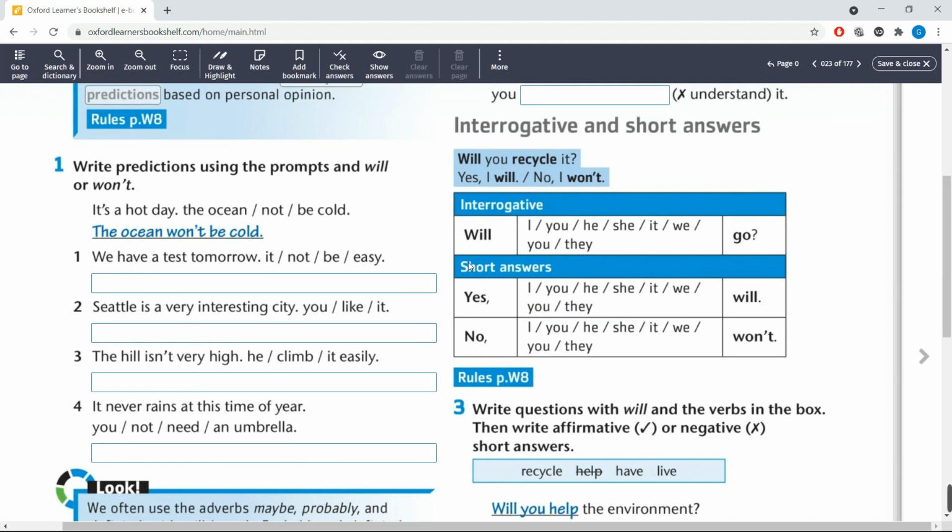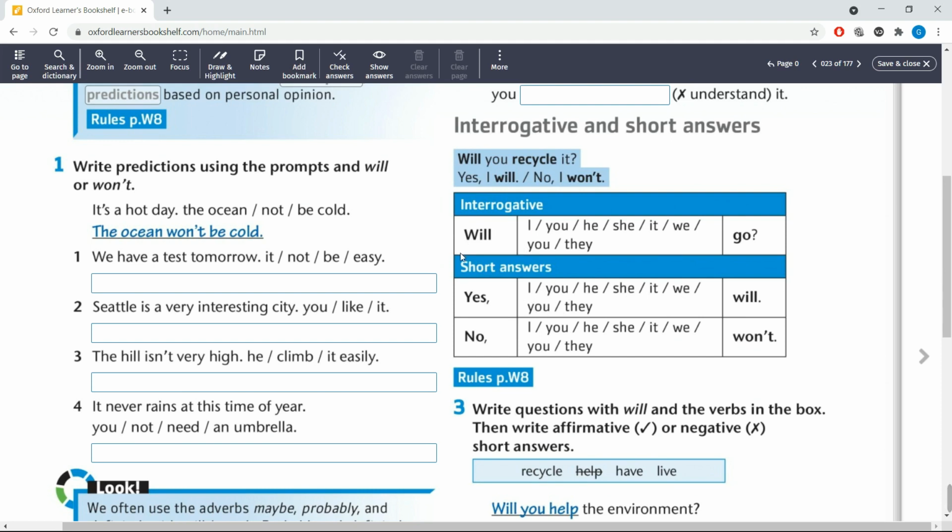And in the case of short answers, respuestas cortitas, we have two different answers. Yes or no, cuando queremos responder que sí o que no. In the case of yes, when my answer is affirmative, what I do is that I say yes. After that, I write the subject. Will you go?